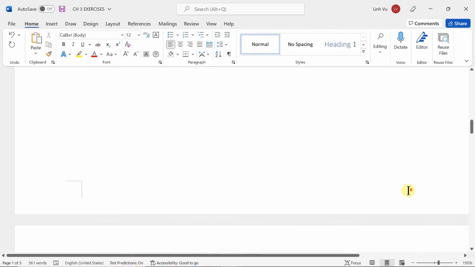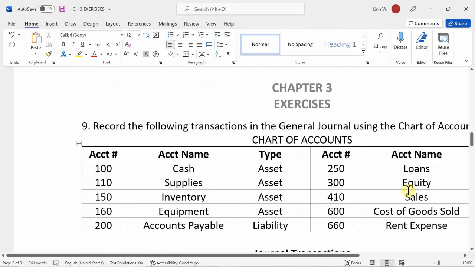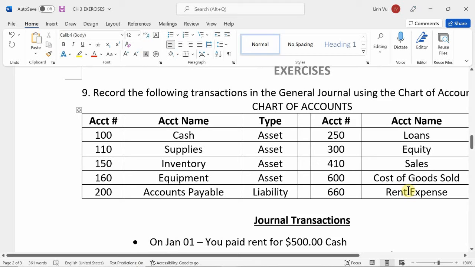Okay, good. This part is going to take a while, because this is where I need you to pull out your chart of accounts and utilize the 7 steps of transaction analysis. For number 9, you're going to be recording the following transactions in your general journal, using the chart of accounts that I have provided for you.